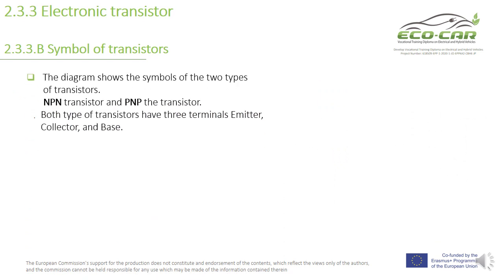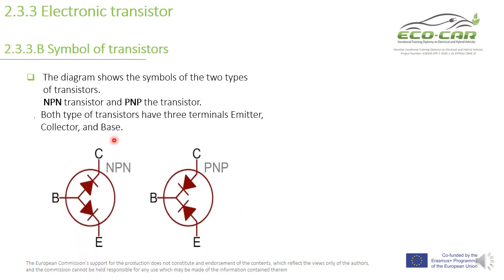There are two types of transistors: NPN transistor and PNP transistor. Both of them have three terminals: emitter, collector, and base. This one is the base, the second one is the collector, and this is what they call the emitter.